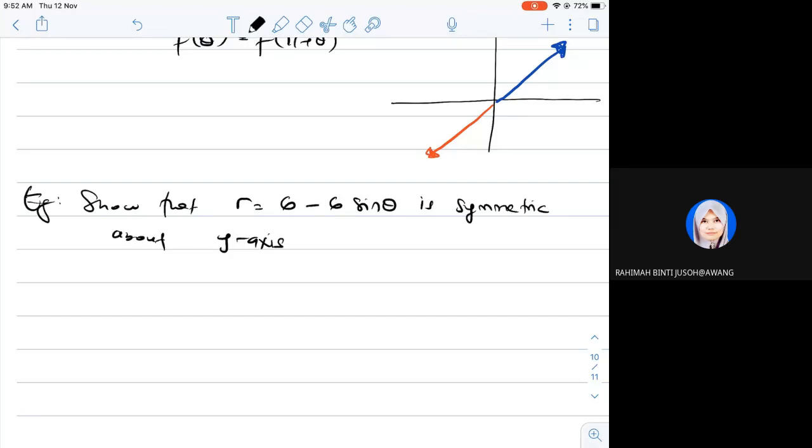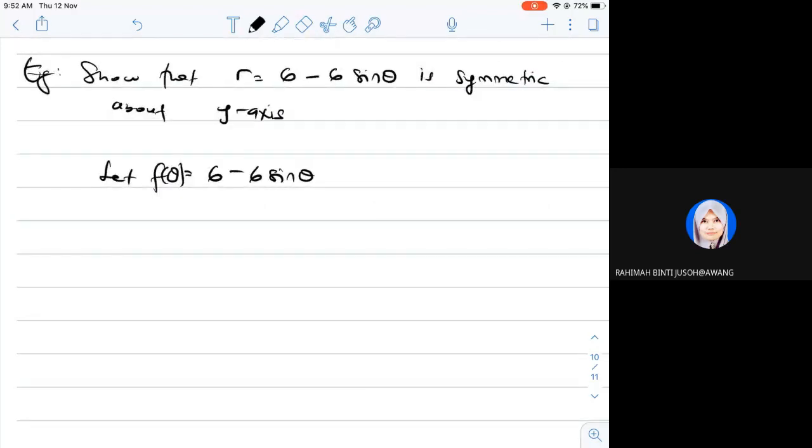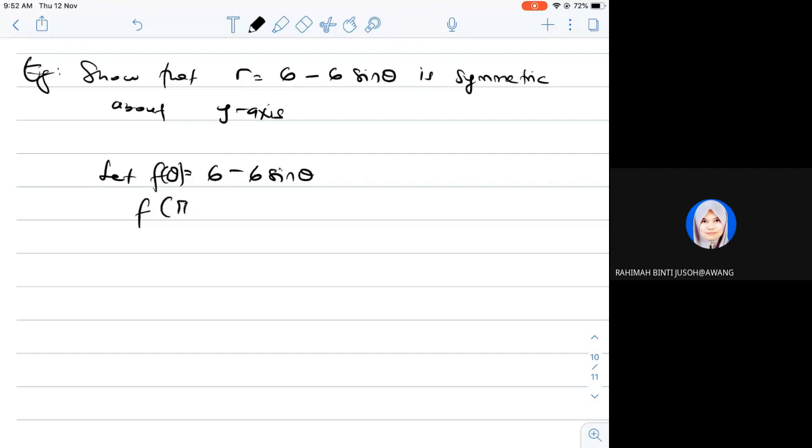So first of all, to answer this type of question, we need to let f theta equals 6 minus 6 sin theta. Next, we need to find f pi minus theta. So 6 minus 6 sin of pi minus theta.